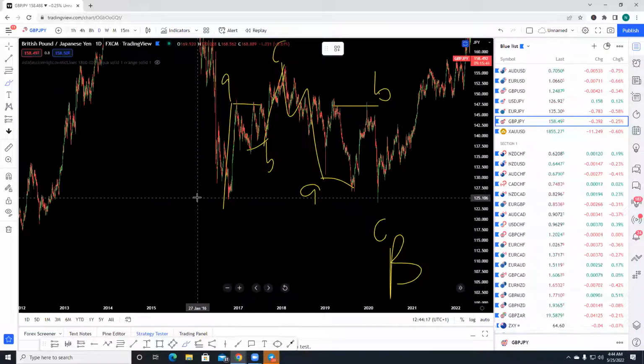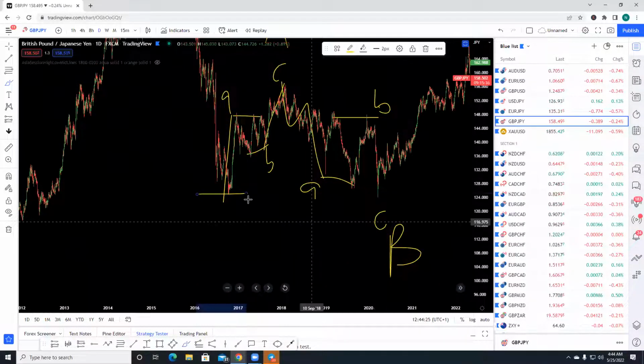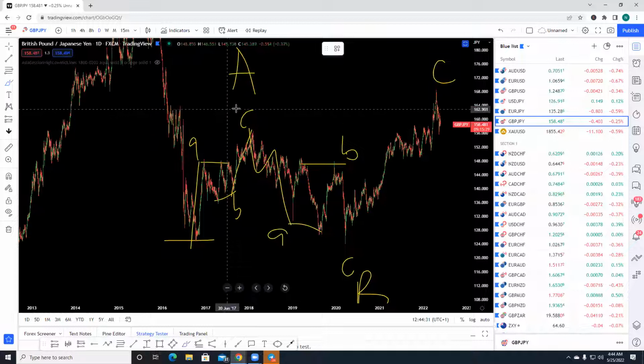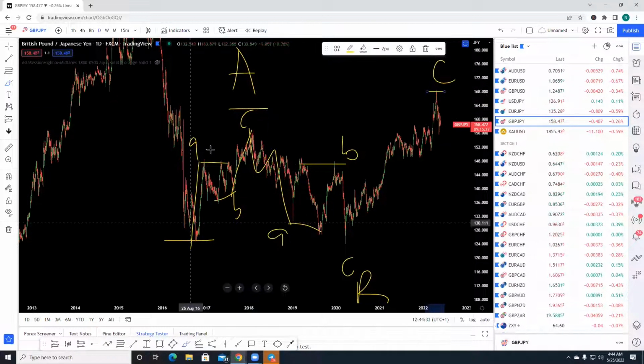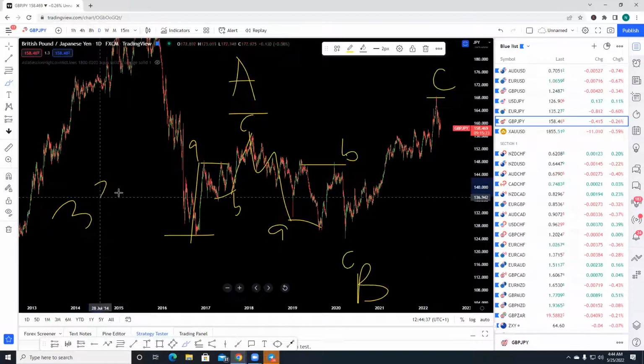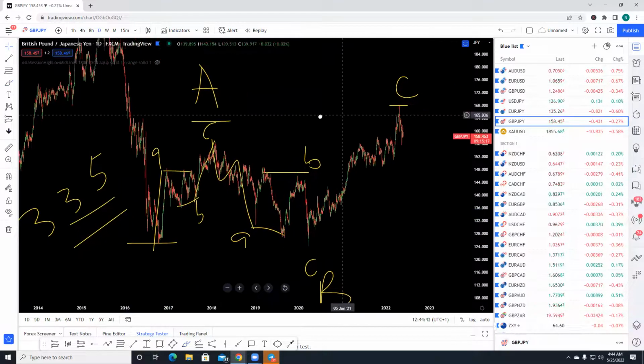Even though it's 5 pips, it doesn't matter, guys. It has broken it. So we have broken the start of A. This B has broken the start of A, and then C has broken the end of A. So this is an expanding flat, which is a 3, 3, 5 structure. Thank you guys for pointing my attention to this 3, 3, 5 structure.